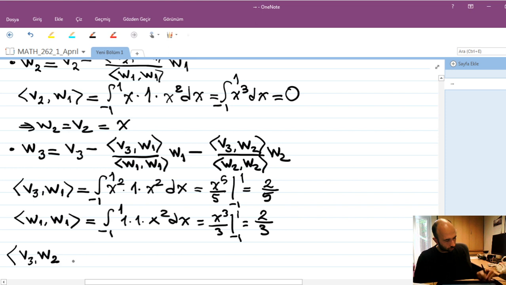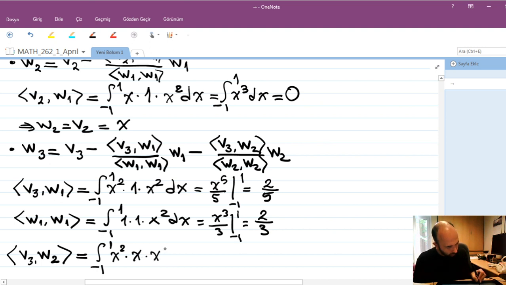So <v3, w2> is again the integral from -1 up to 1 of, okay, x squared. Now, what was w2? w2 is x, okay.